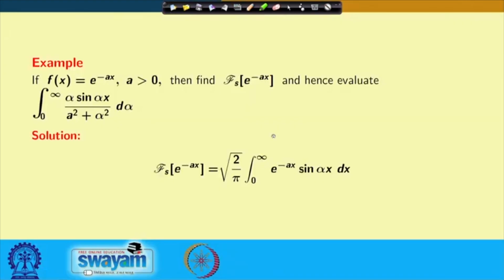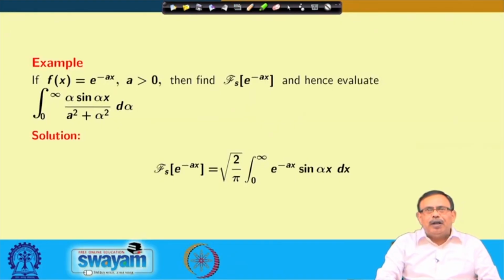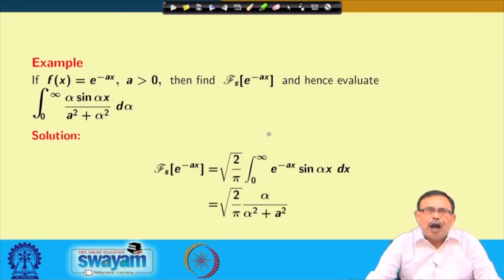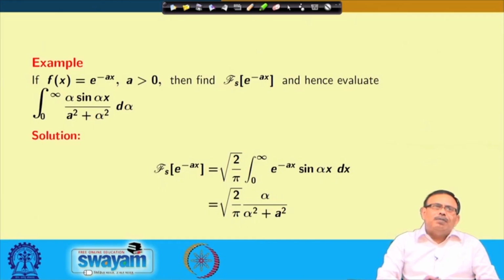The Fourier sine transform of e^(-ax) is equal to root over 2 by pi integral 0 to infinity e^(-ax) into sine of alpha x dx, and I know the value of this: the integral 0 to infinity e^(-ax) sin(alpha x) dx will be alpha by alpha square plus a square.